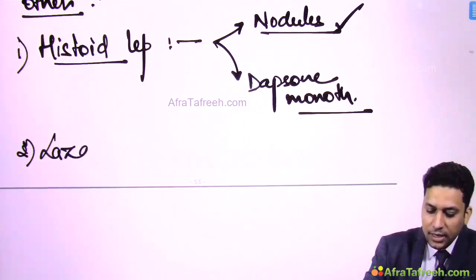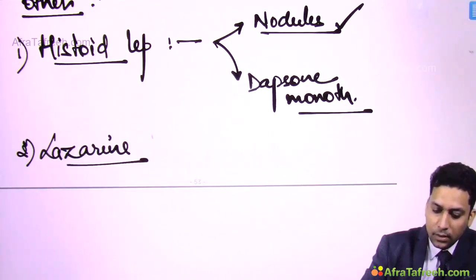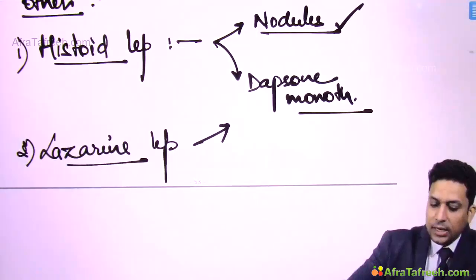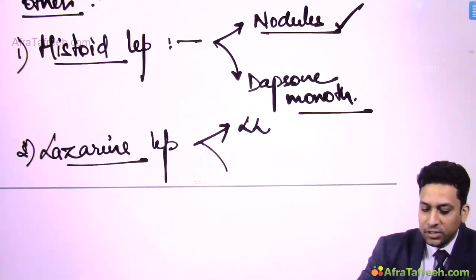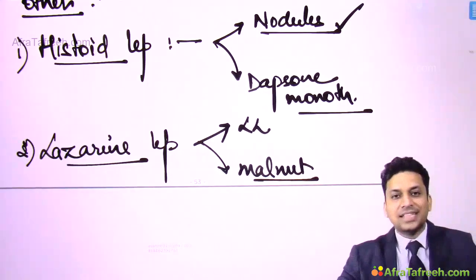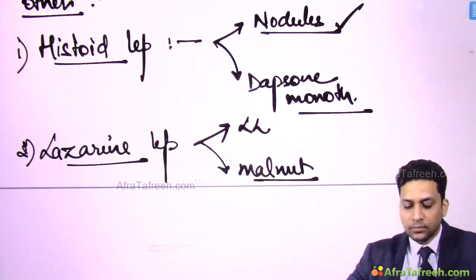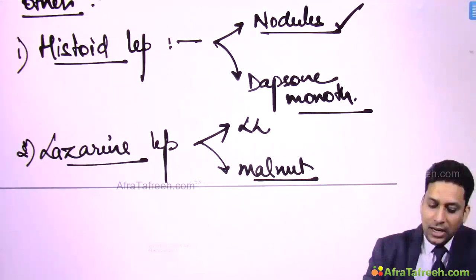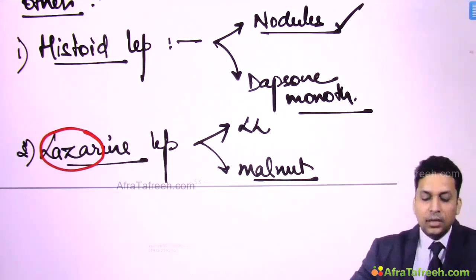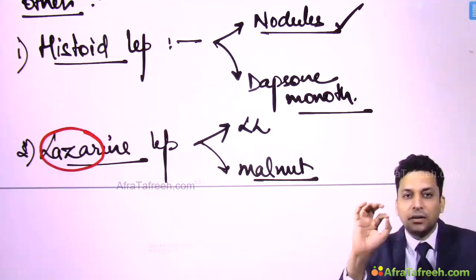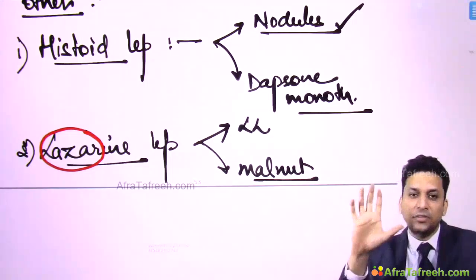Then Lucio... sorry, Lazarine leprosy. Lazarine leprosy is LL type of leprosy which develops in a malnourished individual. Lazar was the name of the beggar in whom this type of leprosy was discovered for the first time.